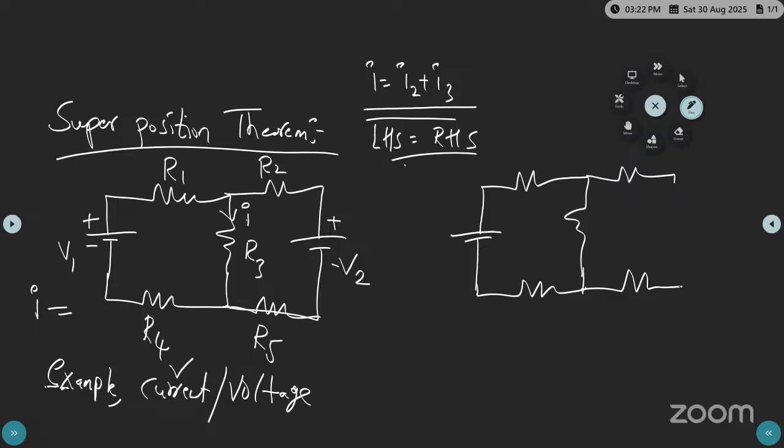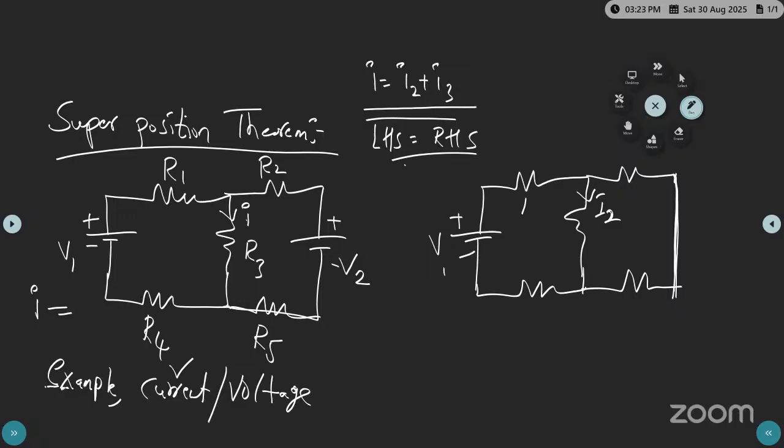The response in the same element, that may be I2, by considering individual source, keeping all other sources inactive. Inactive means you have to remove that source. For this circuit, what is the current now? That will become I2.